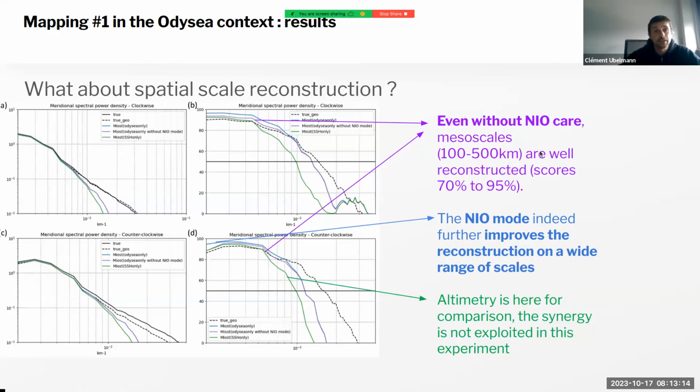And when we add these NIO modes, these mesoscales are even better resolved, especially at very large scales where NIOs dominate. Here, altimetry with the standard constellation is shown just for comparison, but in this experiment the synergy is not exploited, and we know there is a lot of possible synergy.